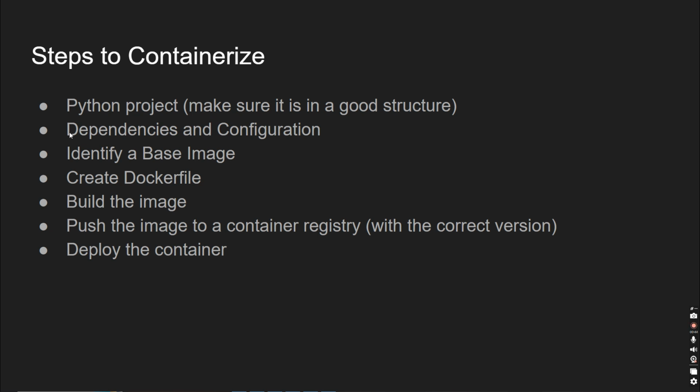Okay, second thing is, if you are developing a Python program, there will be dependencies and configuration. Dependencies means all the dependent packages, like the packages available in the PyPI repository. For example, in my case, I have developed a Flask application, so it needs the Flask package.